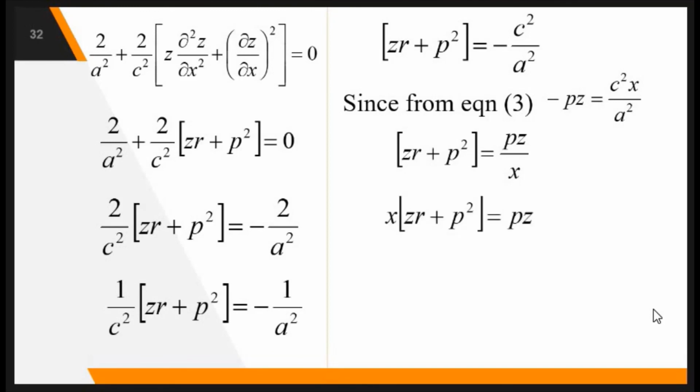Now if you notice, here we have p and r, isn't it? Now what is r? r is a second order partial derivative and p is a first order partial derivative. We got an equation where we don't have any constants a, b, c. So this is our partial differential equation. This is enough.